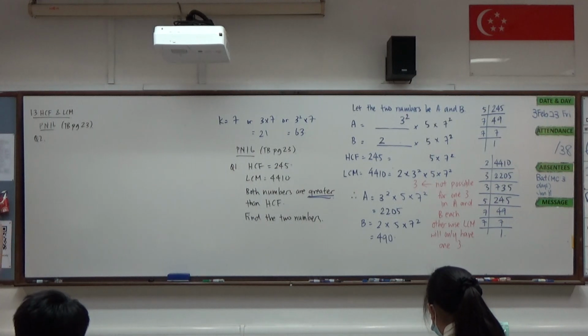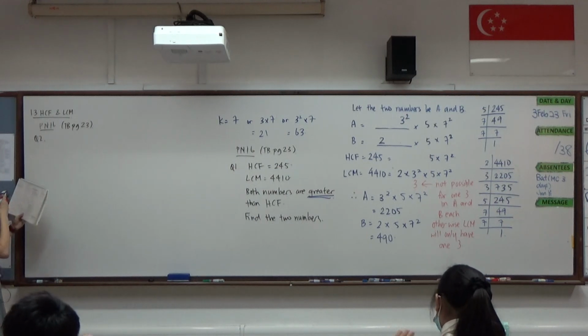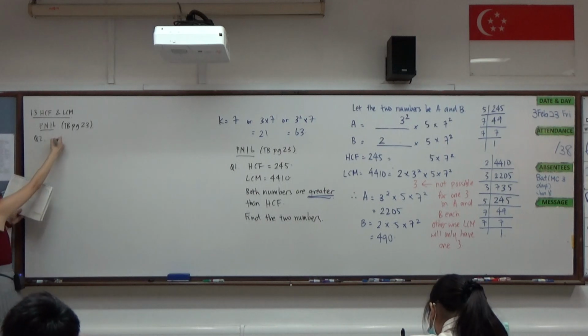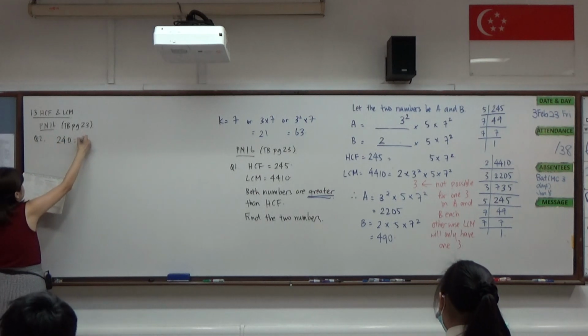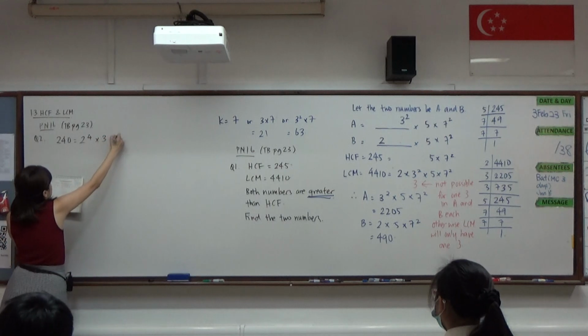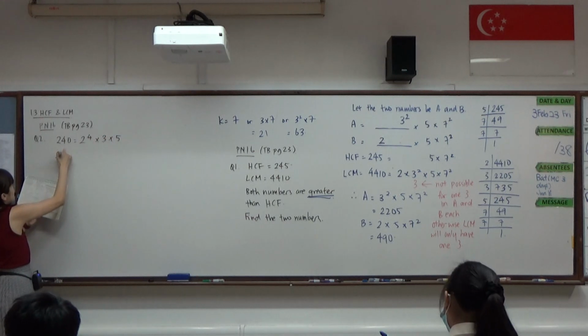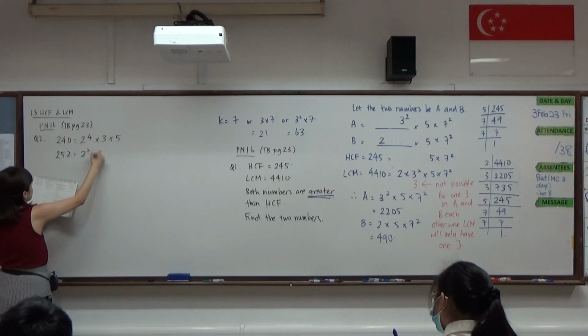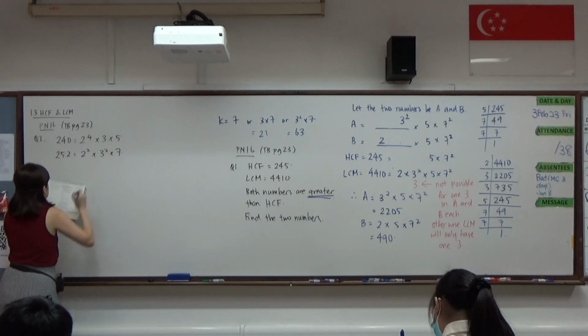Let's continue to look at question 2. Question 2 says that they have given you 240 expressed as this, 252 expressed as this.